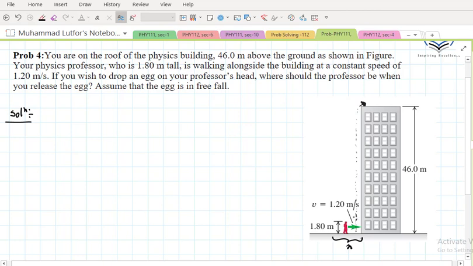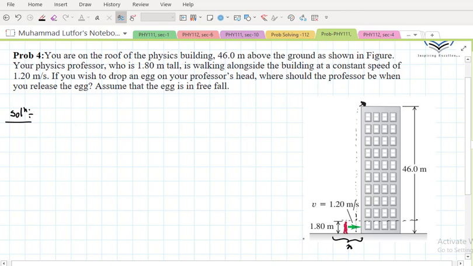Then there is a probability that the egg is going to strike the head of the professor. So the distance traveled by the egg would be 46 minus 1.8, and we need to find how much time it will take. At the same time, the professor has to travel that horizontal distance.